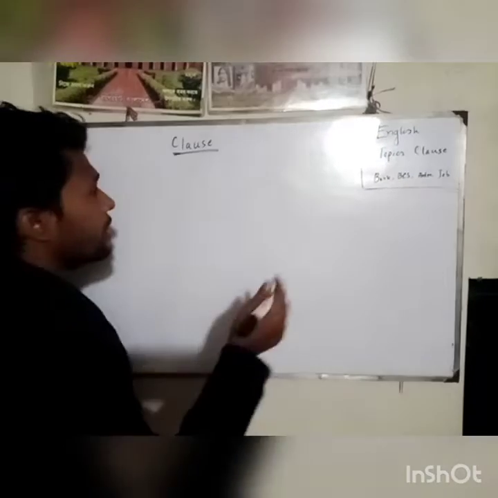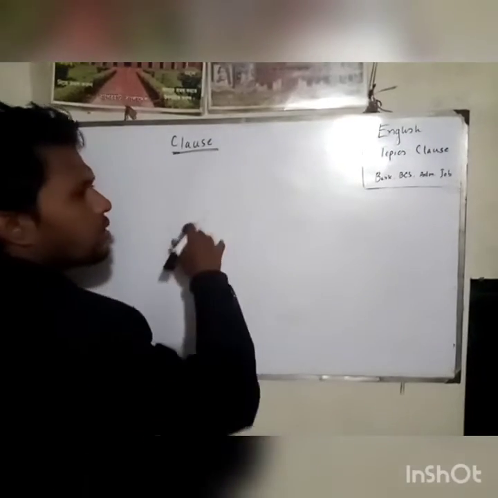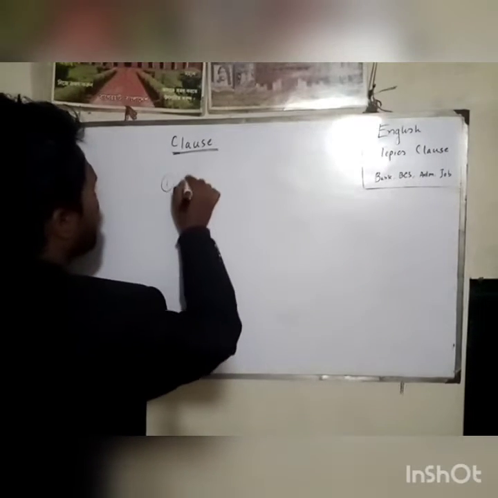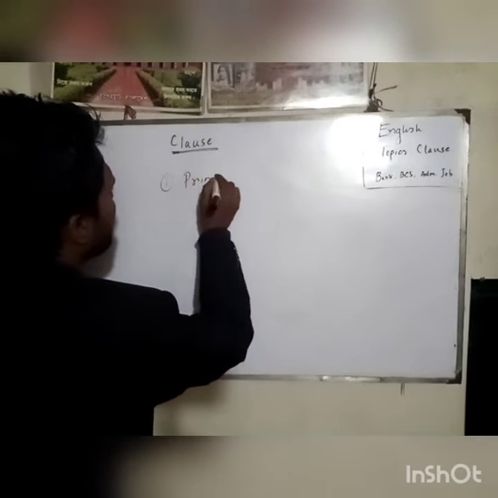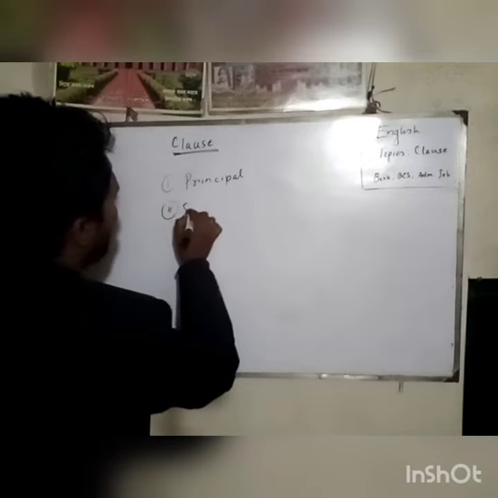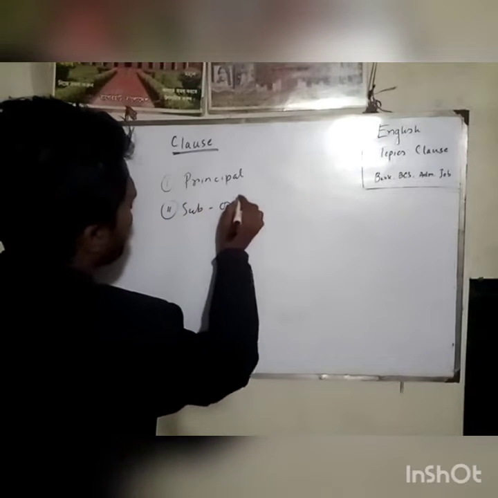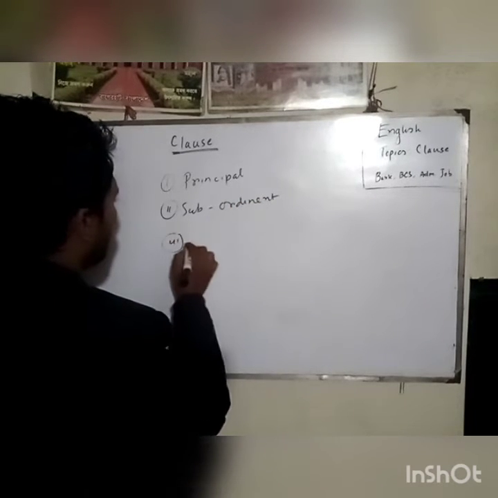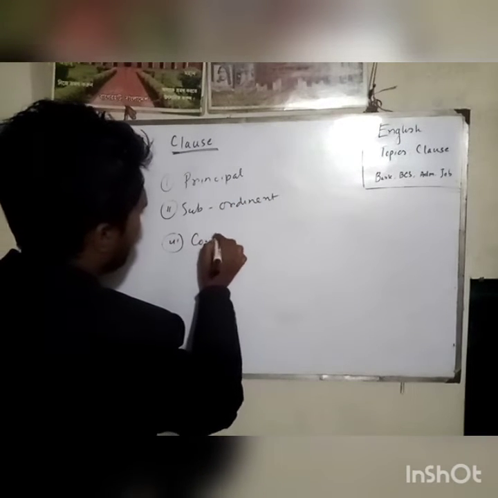Now we will discuss the clause in how many types. Clauses are three types: principal, subordinate, and coordinate.